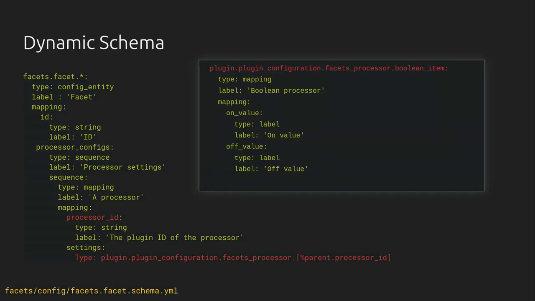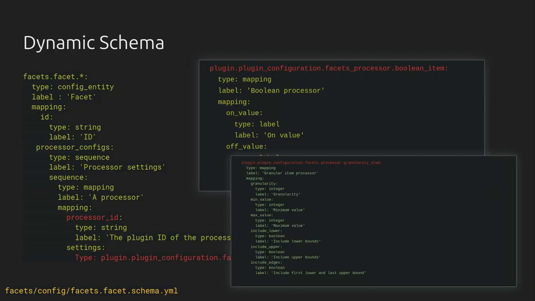Plugin configuration .facets processor .boolean item. So this is the same thing, but we have Boolean item as our processor ID. So it can use this, and this has another mapping inside of it. So we're now 4 mappings deep, and this has an on value and an off value. So the configuration for that is quite simple.